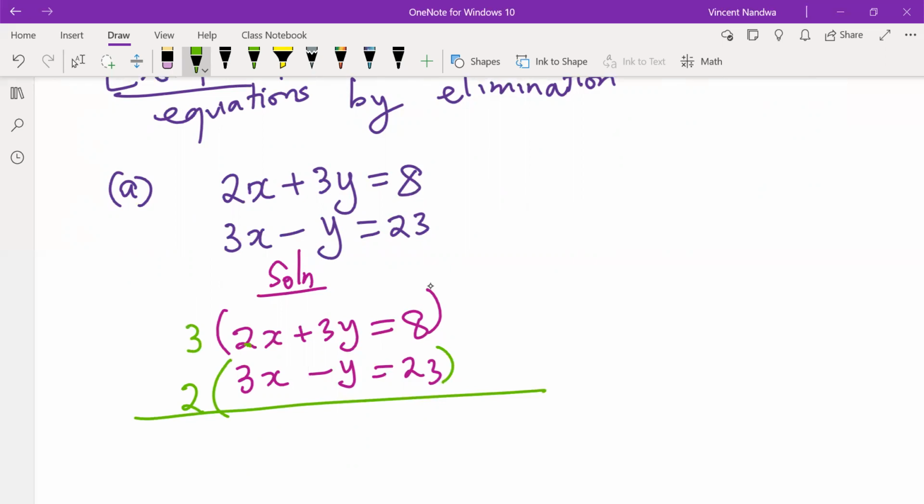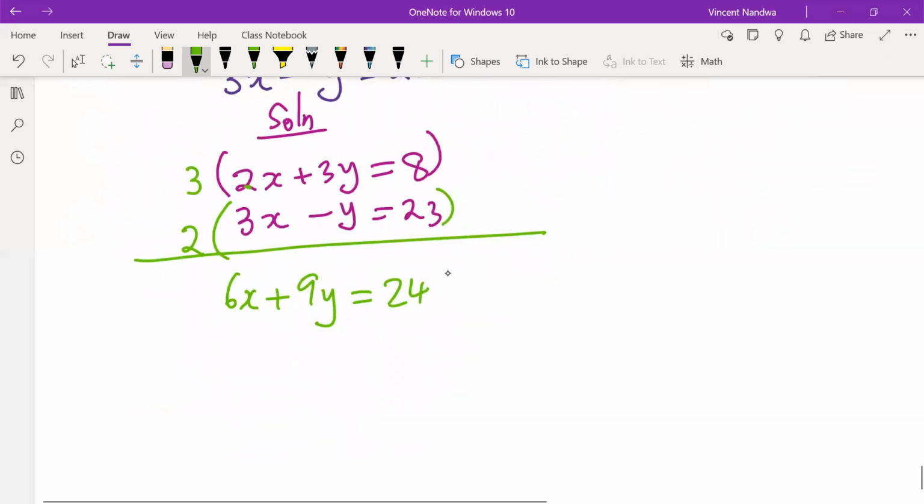So 3 by 2x is 6x, 3 by 3y is 9y, 3 by 8 is 24. So that's the new equation after that product. Then 2 by 3x is 6x, 2 by minus y is minus 2y, 2 by 23 is 46.